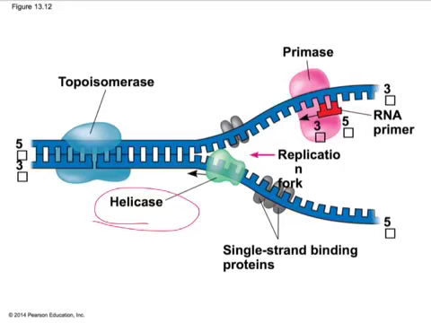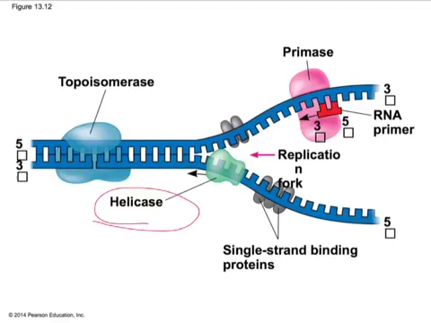Helicase opens the helix, right? Unwinds DNA and produces your replication fork. Okay? Other important proteins in here. Now, where that replication fork is, DNA is found in two separate single strands.